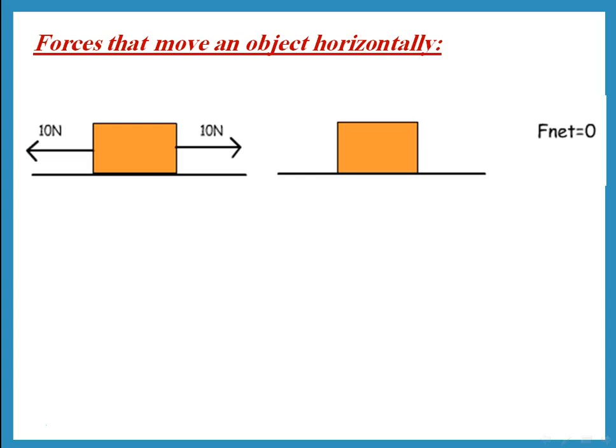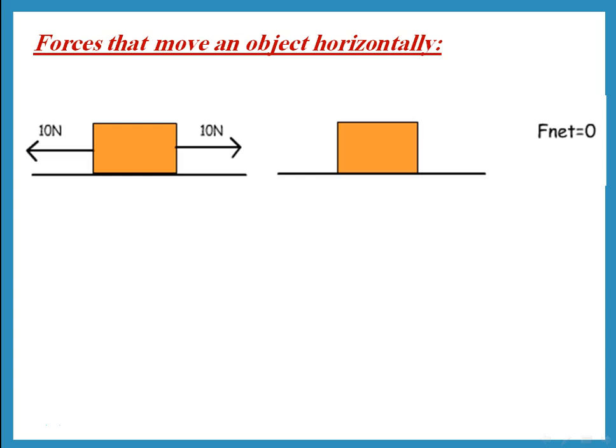So there is a zero net force on it. And that means that this object, if it is just sitting there, will remain stationary. It will not move. If I'm pulling the box from both ends with equal force, it will not move.